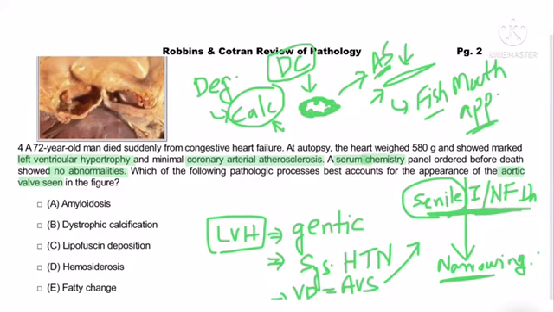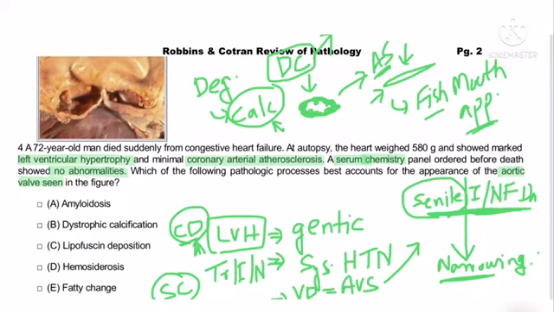Dystrophic calcification means the serum calcium level will be normal, but at the site of infection, trauma, injury, or necrosis, there will be calcium deposition. That is called dystrophic calcification.